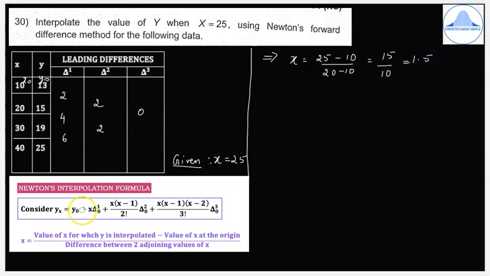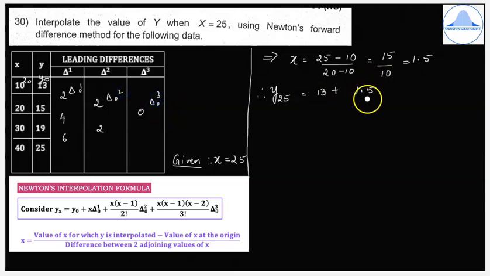So now substituting all the values in y x, we will get therefore y, in place of x we will write 25 is equal to y naught, that is 13 plus x, that is 1.5. And now we need delta naught to the power 1, delta naught square and delta naught cubed. So delta naught to the power 1 is 2, delta naught square is 2 and delta naught cubed is 0.